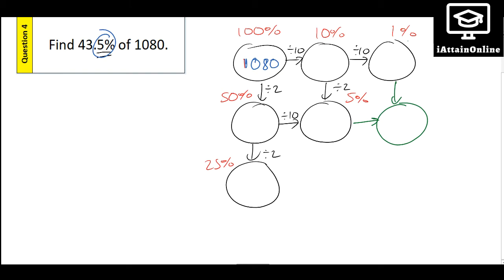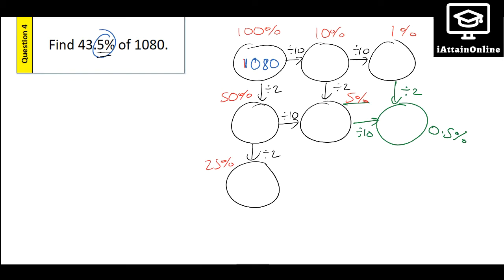If I did 1% divided by 2, that is going to give me 0.5%. Alternatively, I could do 5% divided by 10, and that would give me 0.5%.